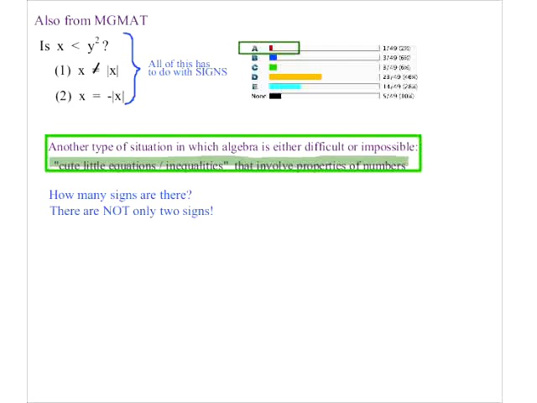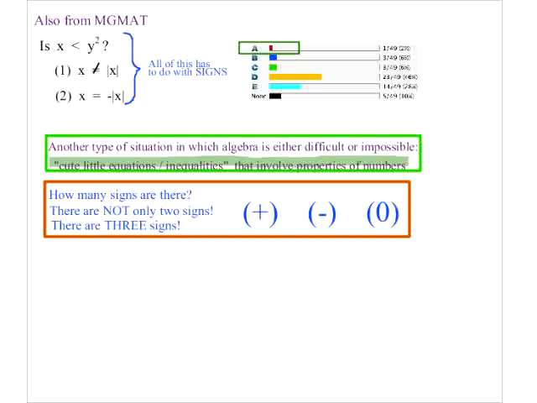Unknown is not a sign. There are 3 signs. There is, in big fat 40-point font, positive, negative, and our friend Mr. Zero. 0 is a sign. When you think about signs, don't forget about 0.